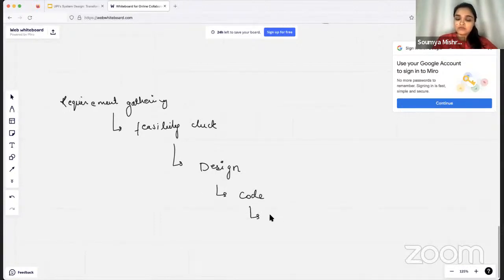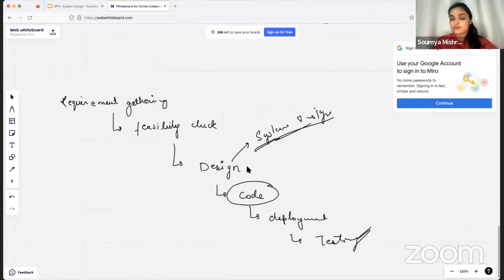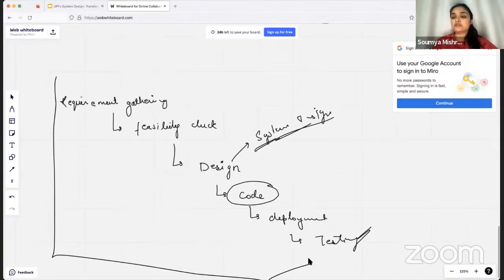There is a deployment phase. There is a testing phase, right? This is how our software development lifecycle looks. So this is the stage where you are going to do your system design. If you do your system design over here, this part becomes very easy and this entire software becomes very reliable and very robust.